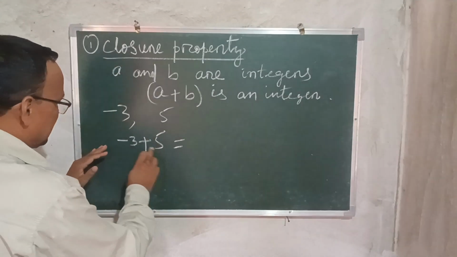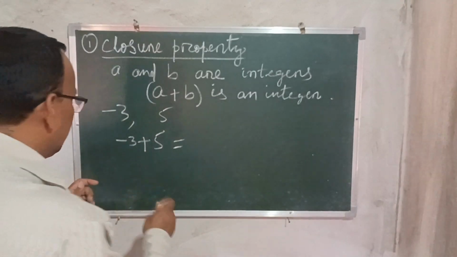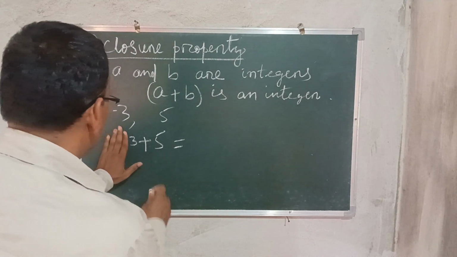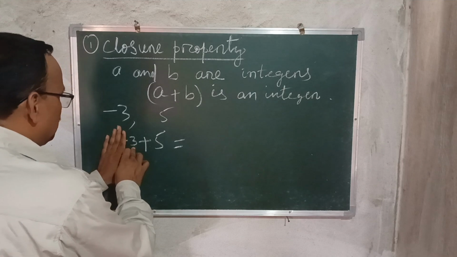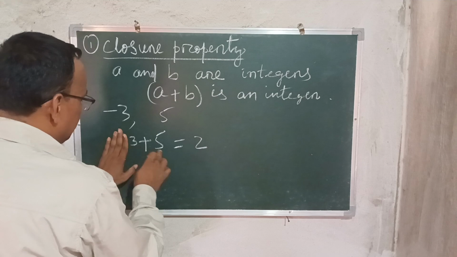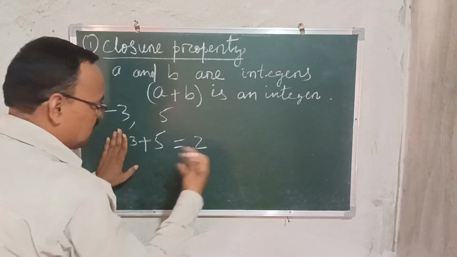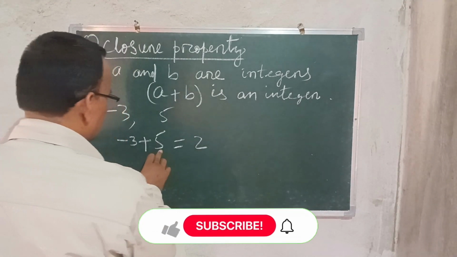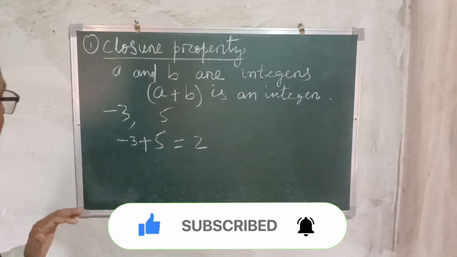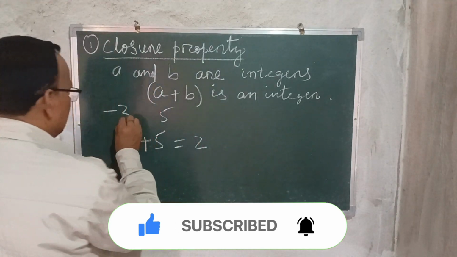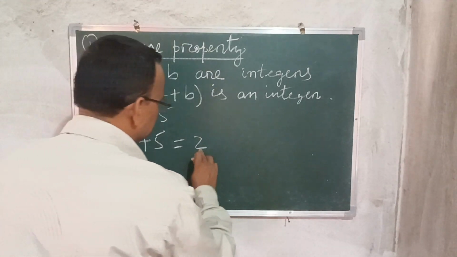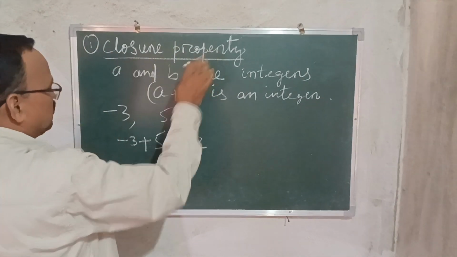Here this is plus and this is minus, and in that case we subtract the integers, leaving the minus sign aside. 5 minus 3 is equal to 2, and the sign is that of the larger number between 3 and 5, which is 5. This is the general rule. 5 minus 3 is equal to 2, and 5 is positive, so this is plus 2, and this is also an integer. Minus 3 is an integer, 5 is an integer, so their sum, minus 3 plus 5, that is 2, is an integer also. So this is the closure property.